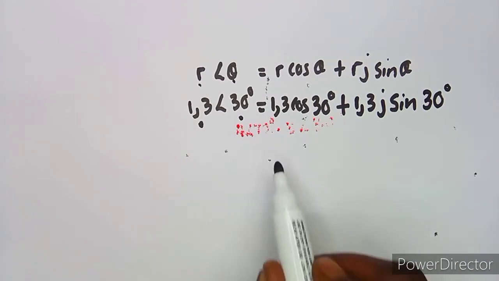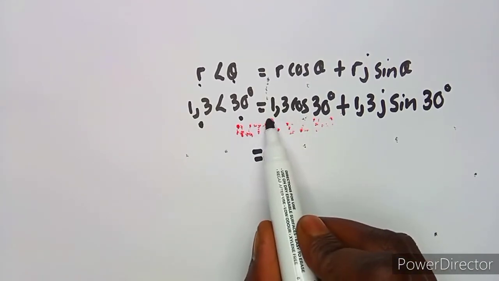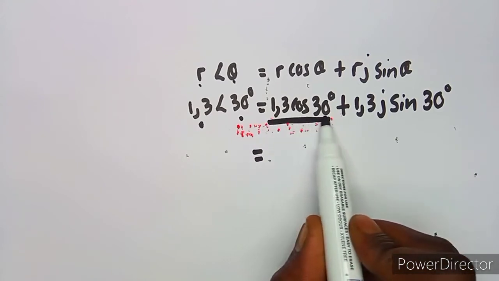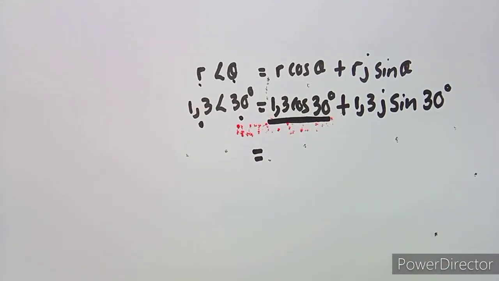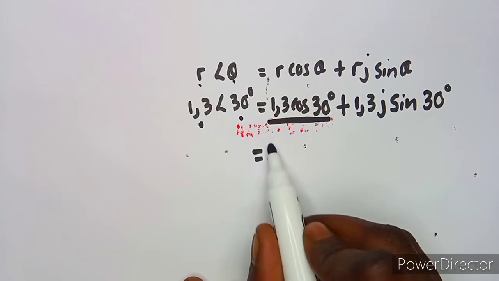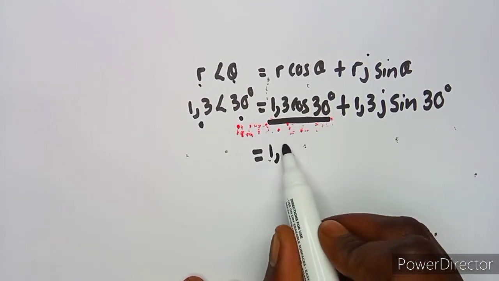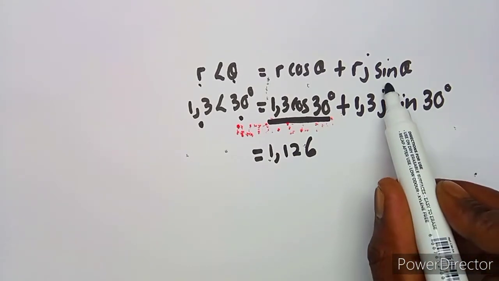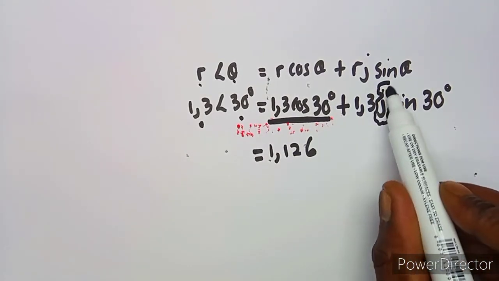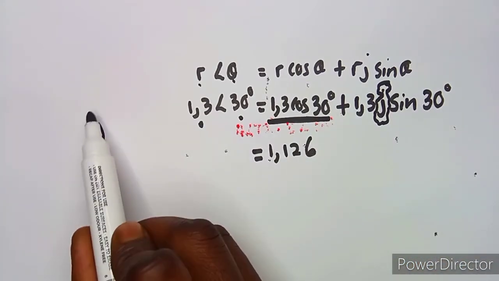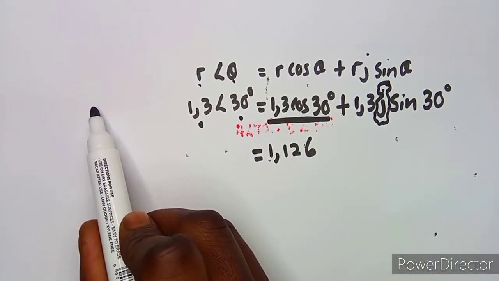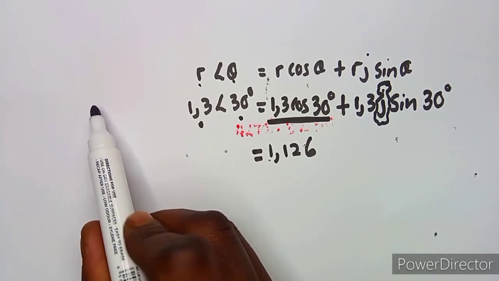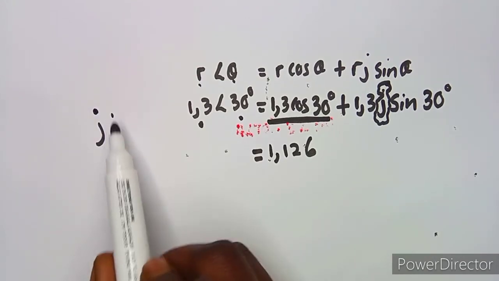All right, so now you have to simplify this together. This one, that one, you can simplify 1,3 cos 30 from your calculator, and make sure that your calculator is in degrees. You're going to obtain something like 1,126. All right, then this part here, remember the j here is an indication of being in rectangular form. If you are in rectangular form, you must see this j or this i.